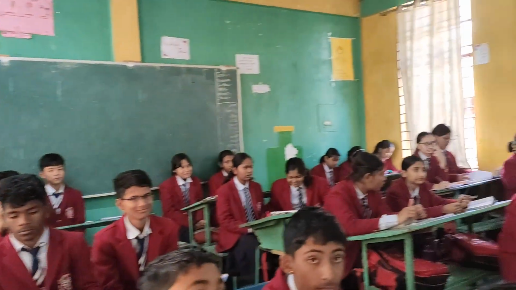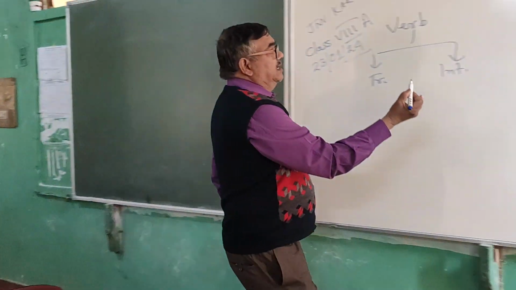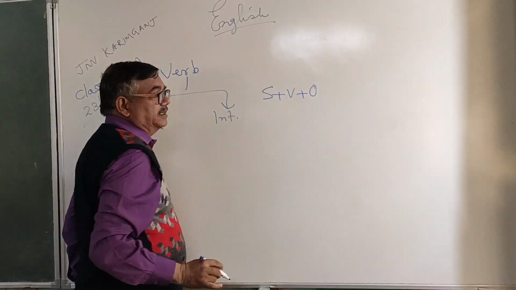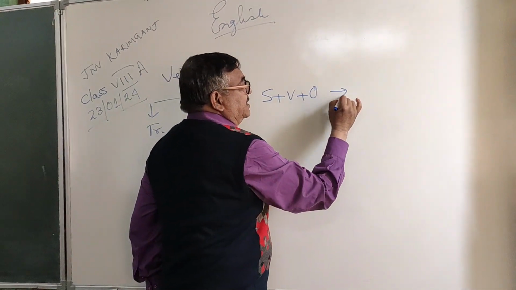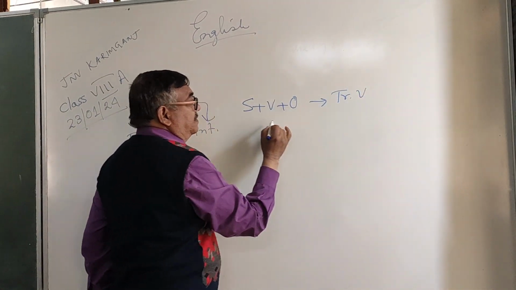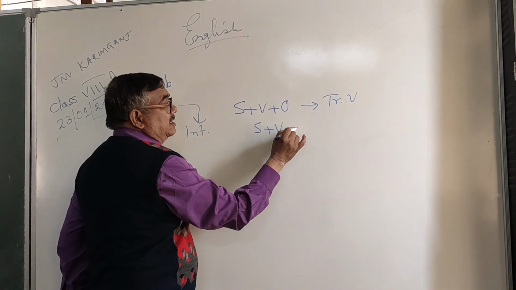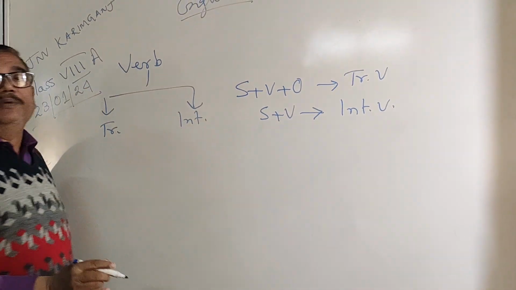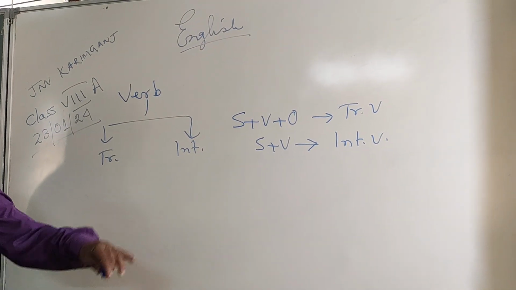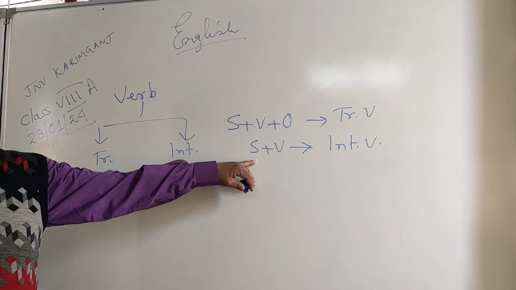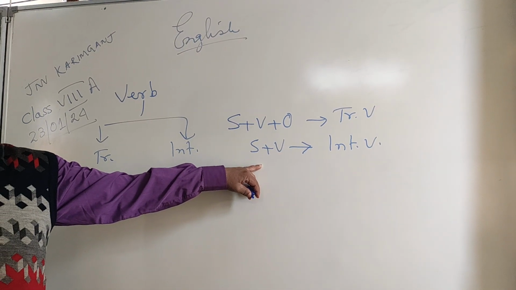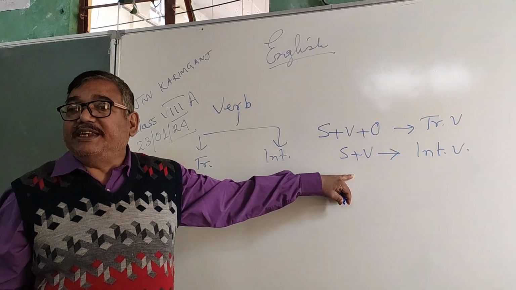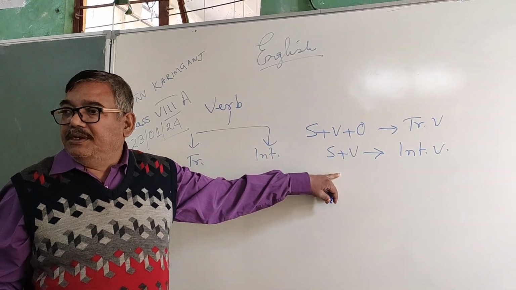If the sentence pattern is subject plus verb plus object, then the verb is said to be a transitive verb, and if the sentence pattern is subject plus verb, then the verb is said to be an intransitive verb. That means in an intransitive verb, we will not find the existence of any object.